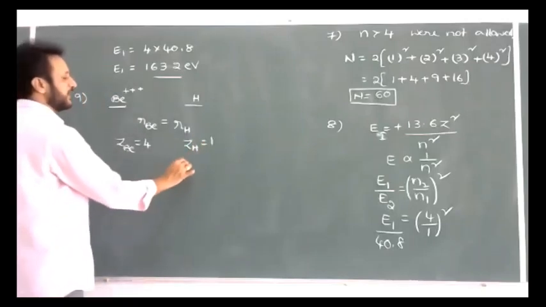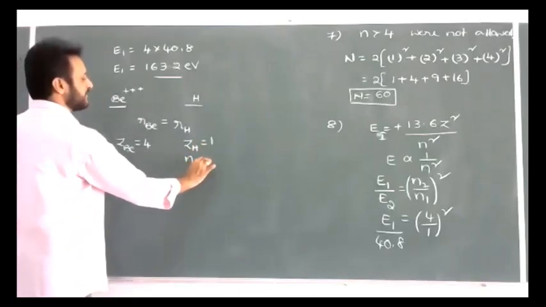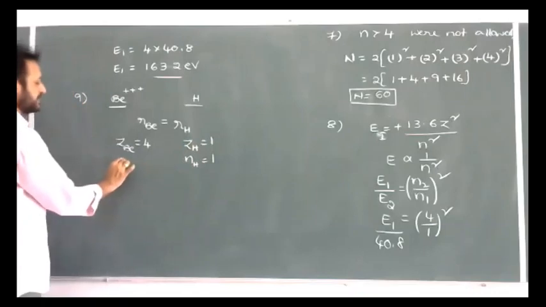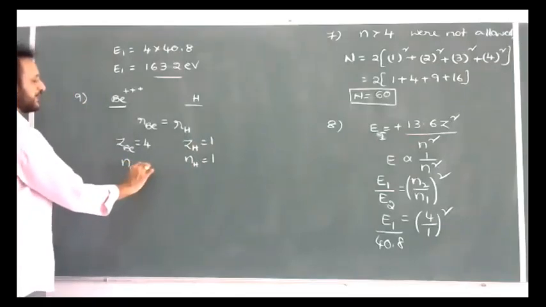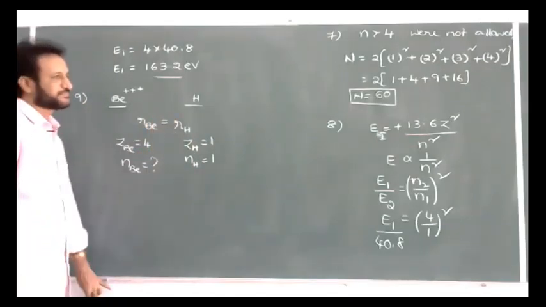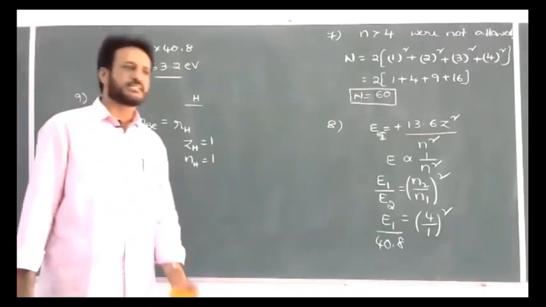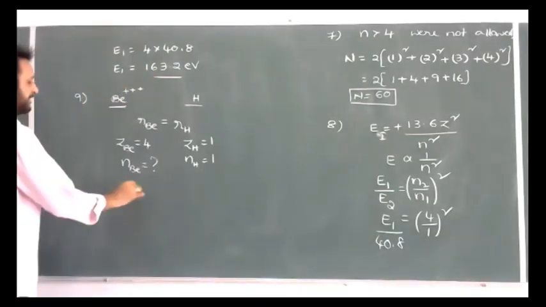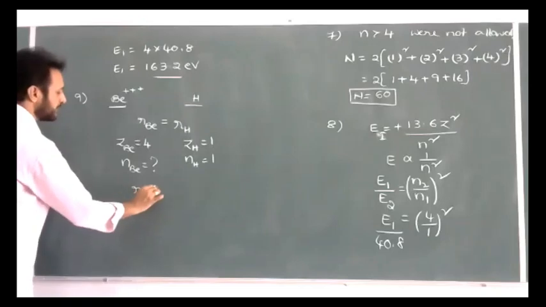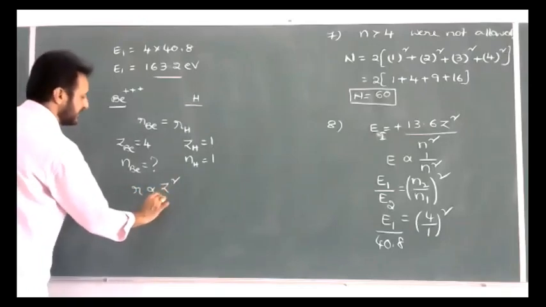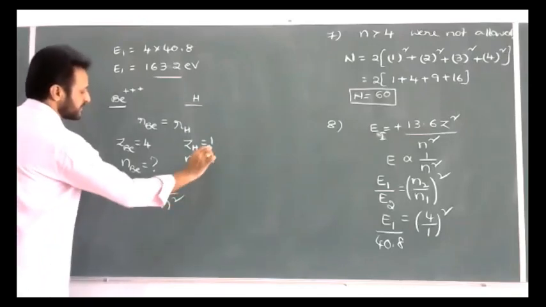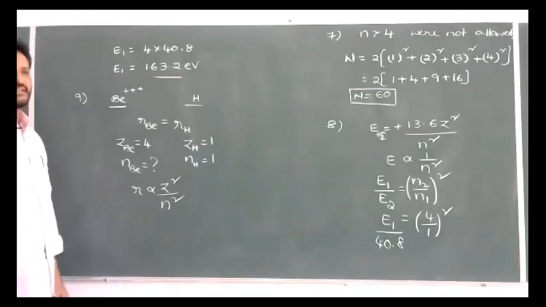For the ground state of hydrogen, N H is 1. But which state of beryllium? So N Be we should calculate. Now we know the radius formula: R is proportional to Z square by N square.